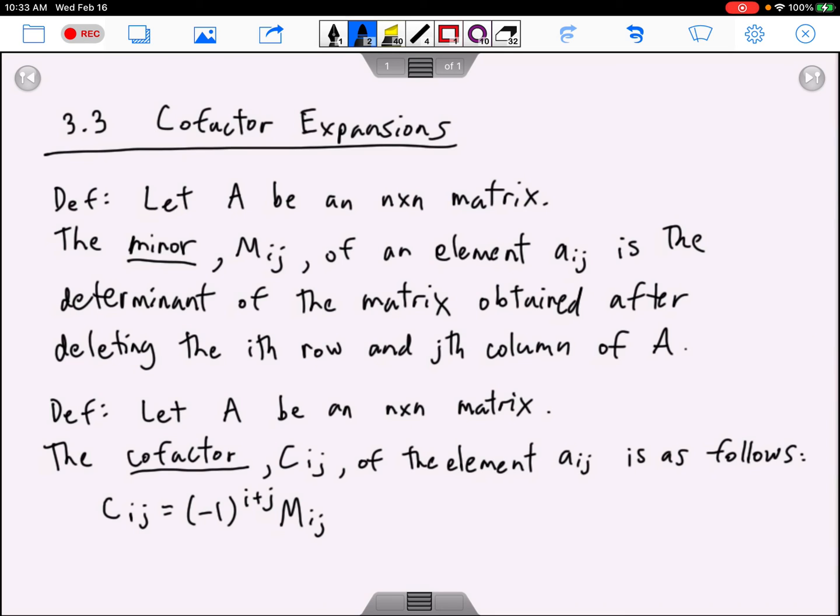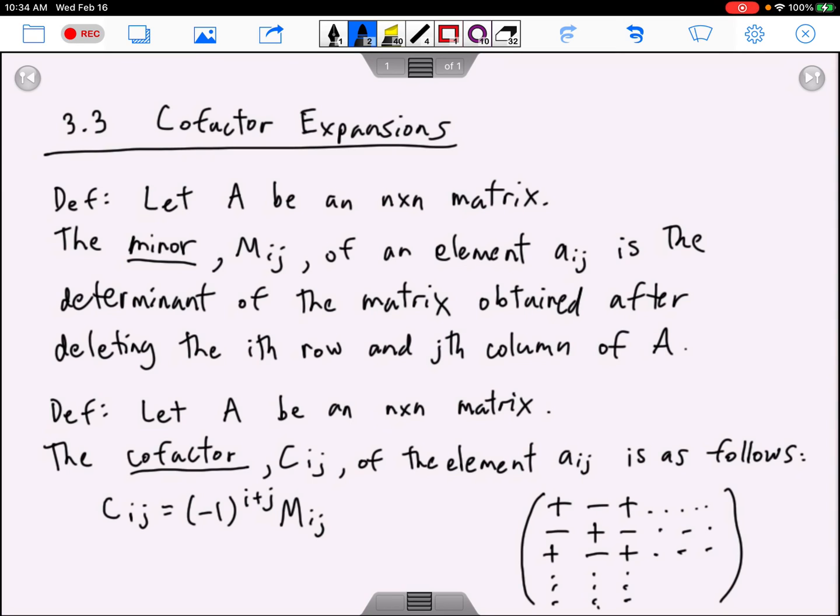Now, what does -1 to the i plus j mean? Okay, it just means that you add the row and the column that you're talking about and you raise -1 to that power. But an easier way to remember that -1 to the i plus j is as follows. You just follow that pattern, okay? Plus, minus, all the way down for as much as you need, right?